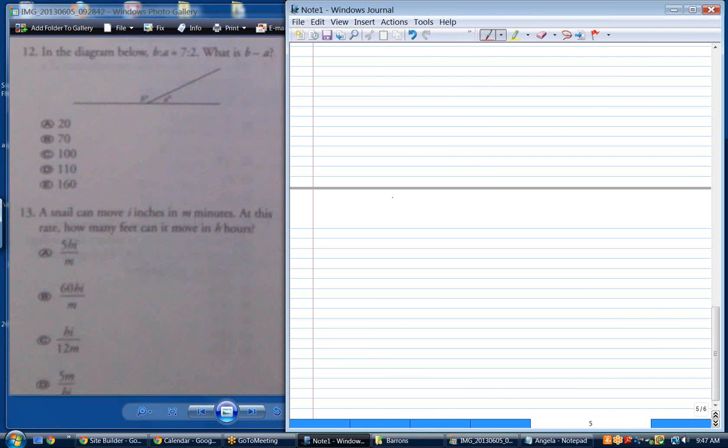Let's pick numbers. Give me some numbers for I, M, and H. I was going to do pretty much 1 inch, and so 12 inches per, I was pretty much picking the same numbers that you put in here, 12 inches, 1 inch. Well, let's start with I. So you're going to say I is 1.